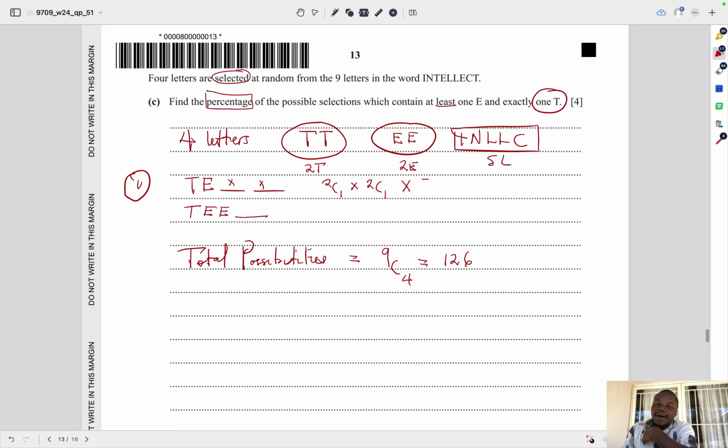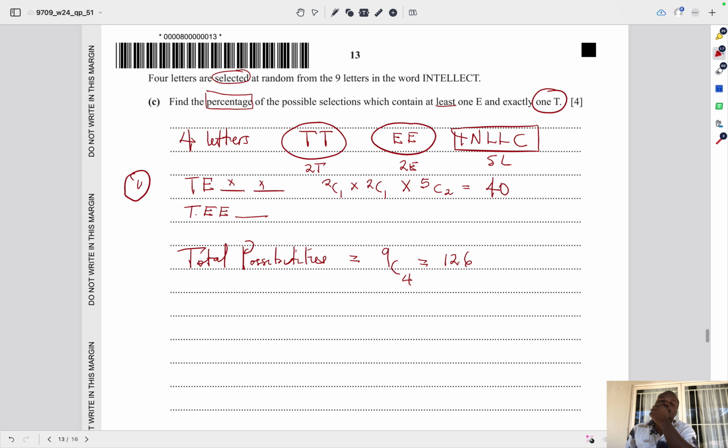So out of the 5, we choose 2. So 2 choose 1 is 2, 2. So we are just going to do a 5 choose 2 times 4, which gives us 40.